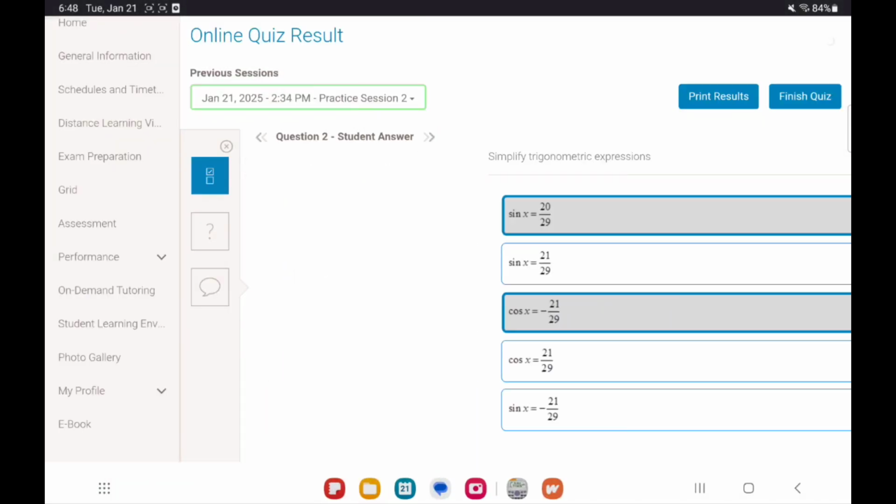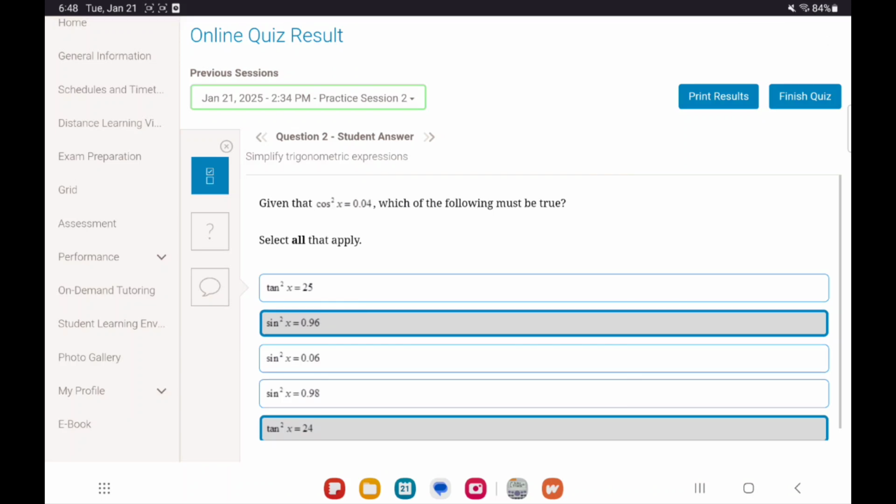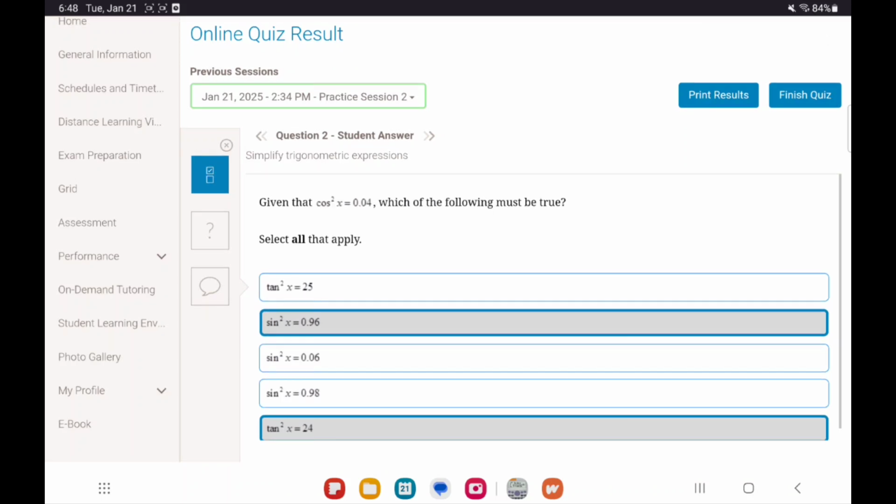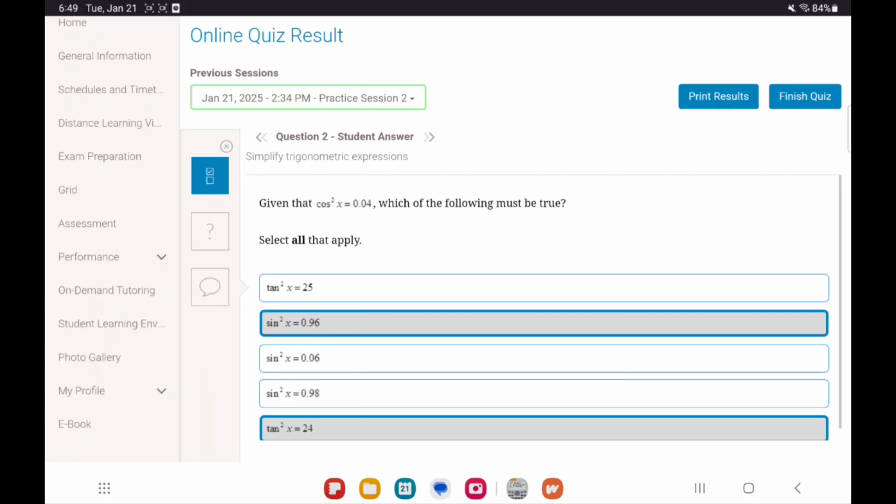Now let's go to the second one. This is way easier. One of the trigonometric identities is sine squared x plus cosine squared x equals 1.